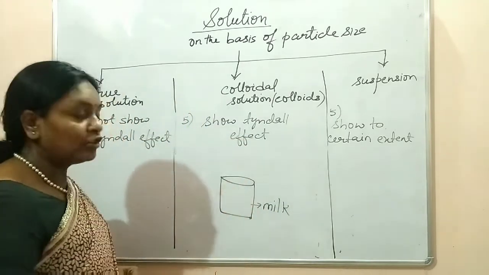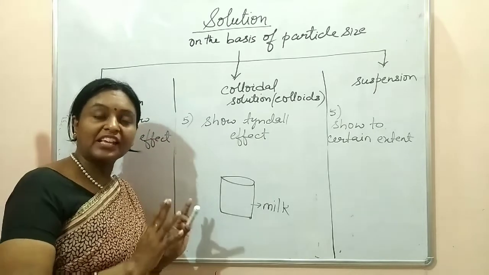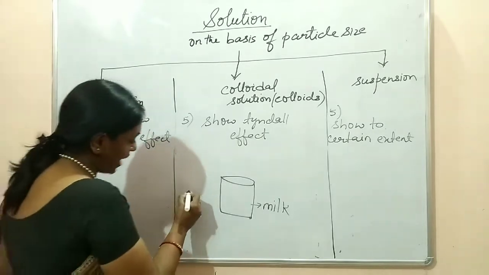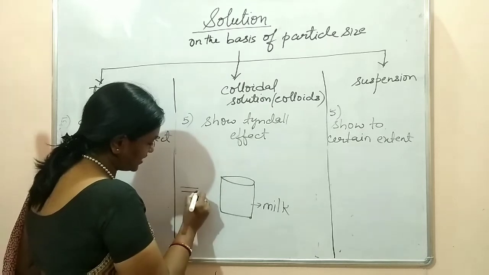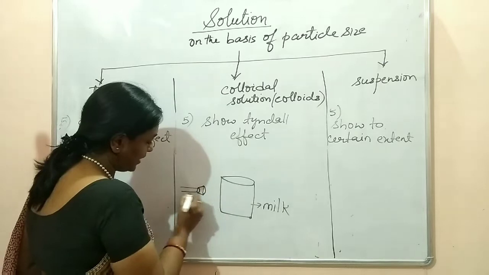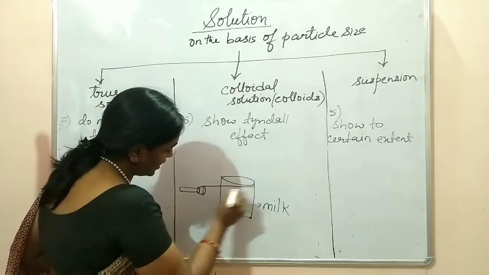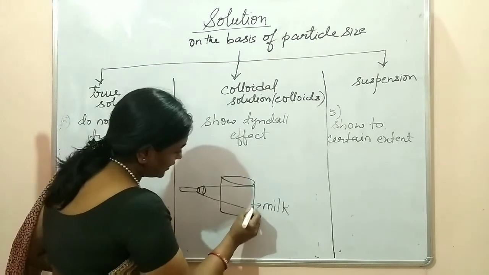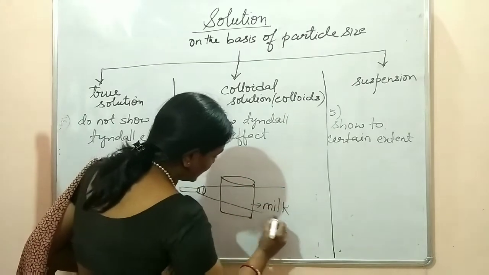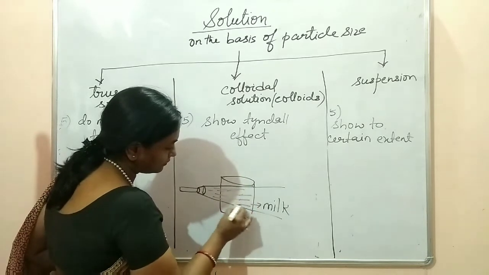When you carry out this experiment in a dark room and place a source of light, a laser beam or an ordinary torch, the path of the light becomes visible. This property is known as the Tyndall effect.